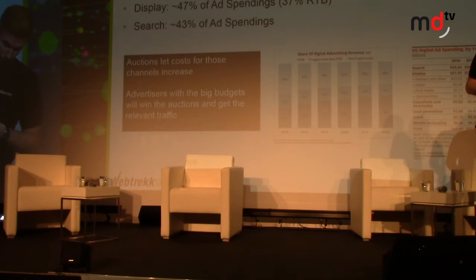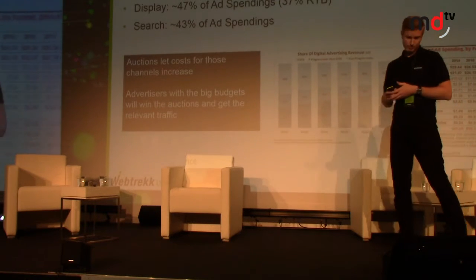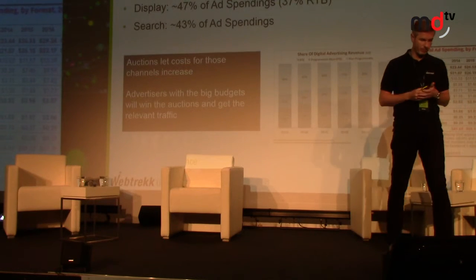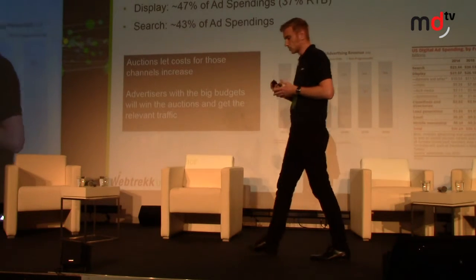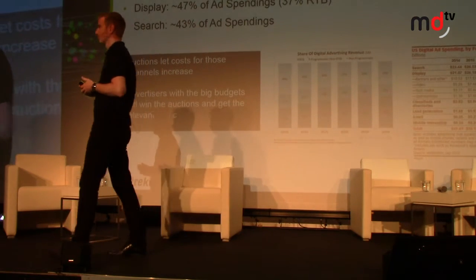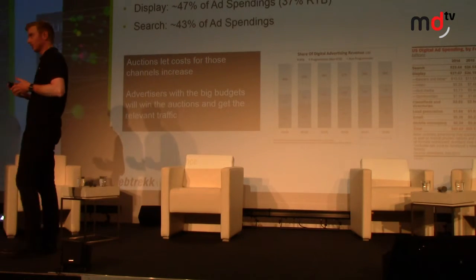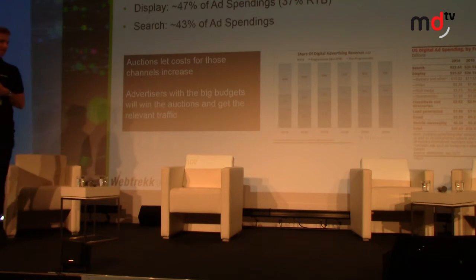So that's status quo. The most important digital marketing channels are auctions. Think of RTB, think of Google AdWords. And those auctions are really nice for platforms who are offering that. For advertisers, it's not really nice because their costs are increasing.